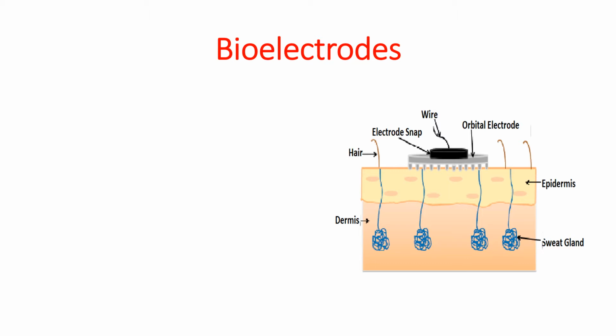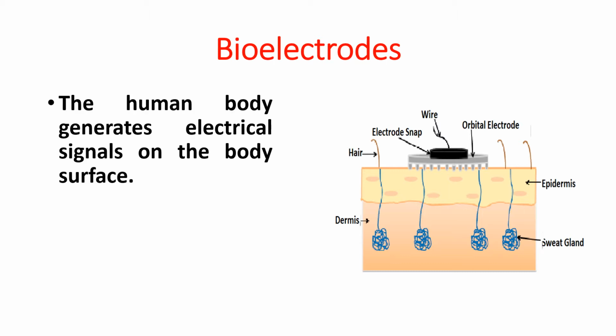Bioelectrodes. Here is a representation of how the electrodes are fitted over the skin and how the biosignals are picked up from the skin. The human body generates electrical signals on the body surface.